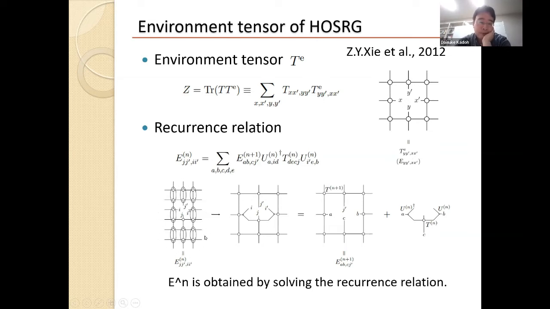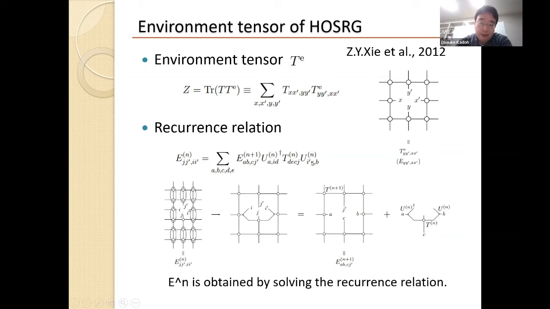And in this figure, two tensors in the environmental tensor are renormalized into a single tensor. So En denotes the environment tensor at the nth renormalization step, and these T's are tensors at the nth renormalization step, Tn.